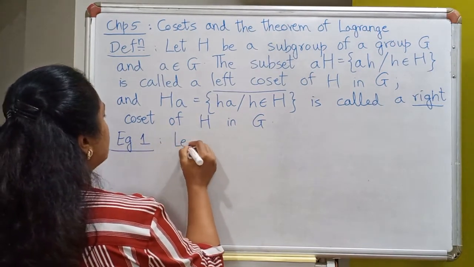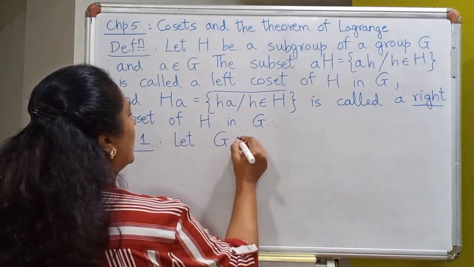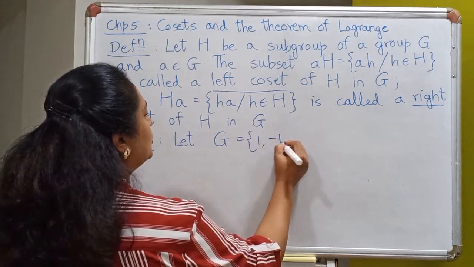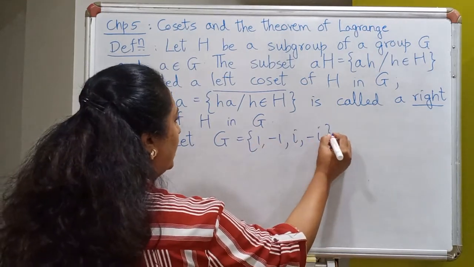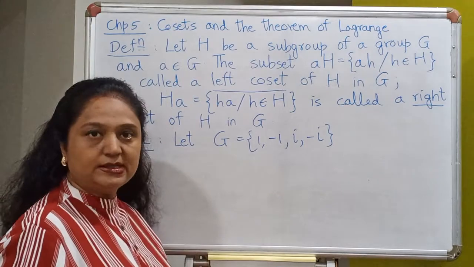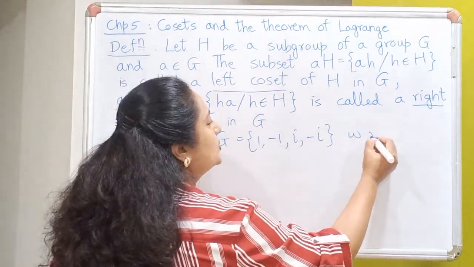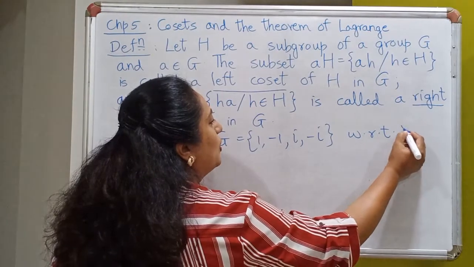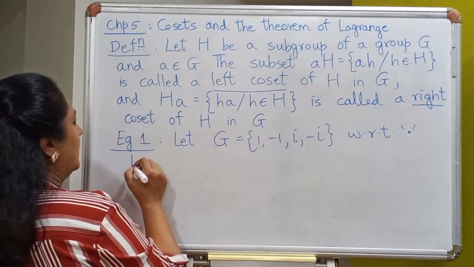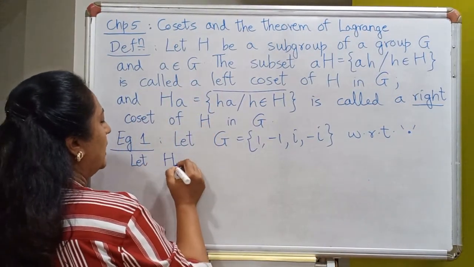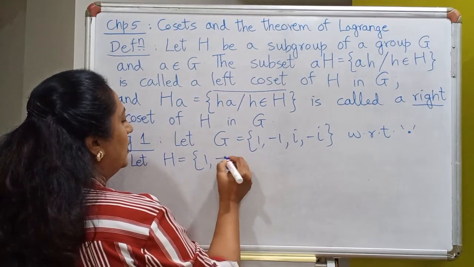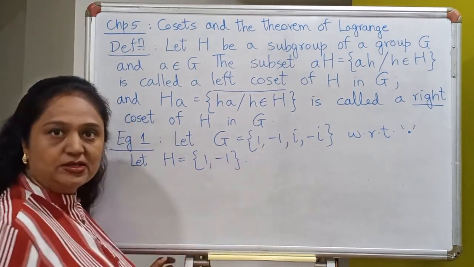So as our first example, look at the group G, which we are fairly familiar with by now. It contains the complex numbers 1, minus 1, i, minus i with respect to the operation of multiplication. And in this group, let us take H to be {1, minus 1}.